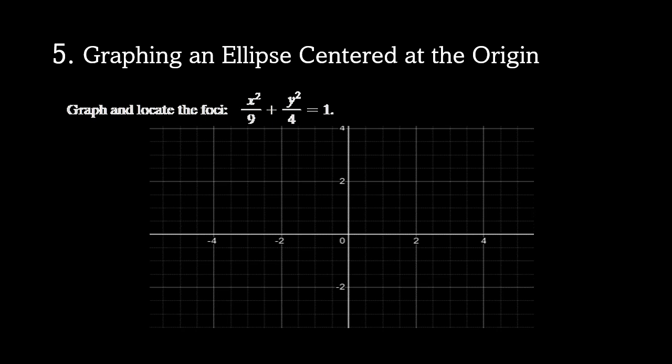We need to graph this ellipse. This one here is horizontal, and the vertices are 3 and -3. And on the y-axis, we're going to take 2 and -2.